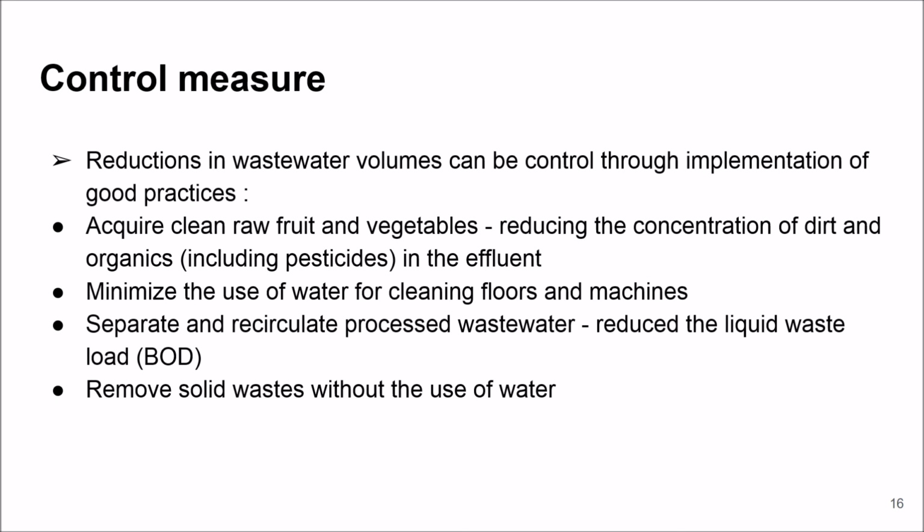We should use an auto dilution system instead to mix the chemicals. Third, we should separate and recirculate the processed wastewater. It can reduce the liquid waste load in terms of biological oxygen demand and also water consumption. Lastly, we shall remove the solid waste without the use of water.